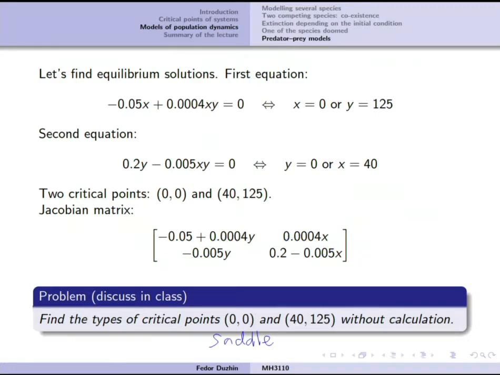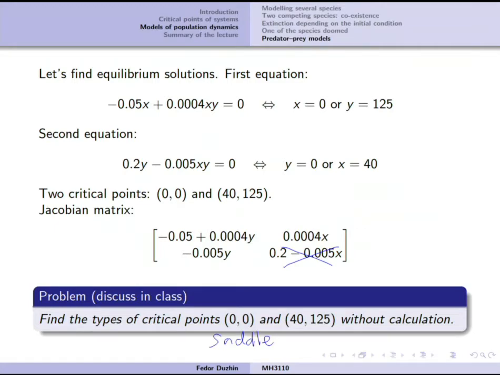Now let's do (40, 125). Notice that the way that we found the number 40 is that 40 was the number that made this equation equal 0.